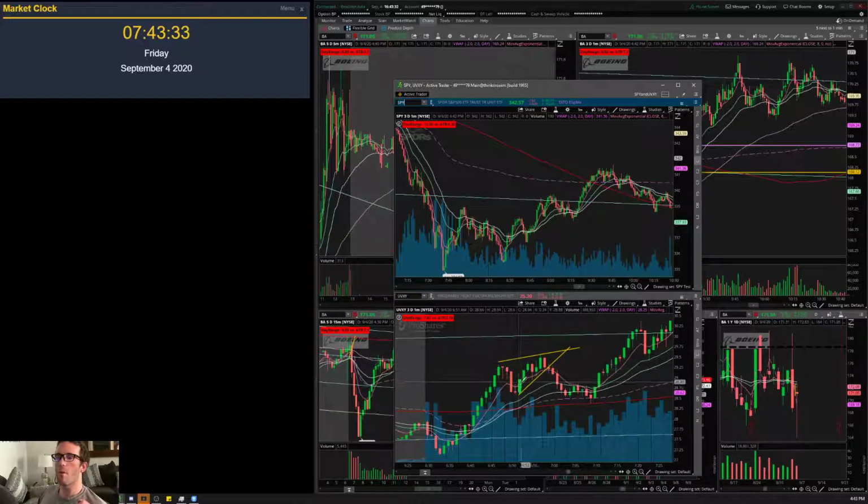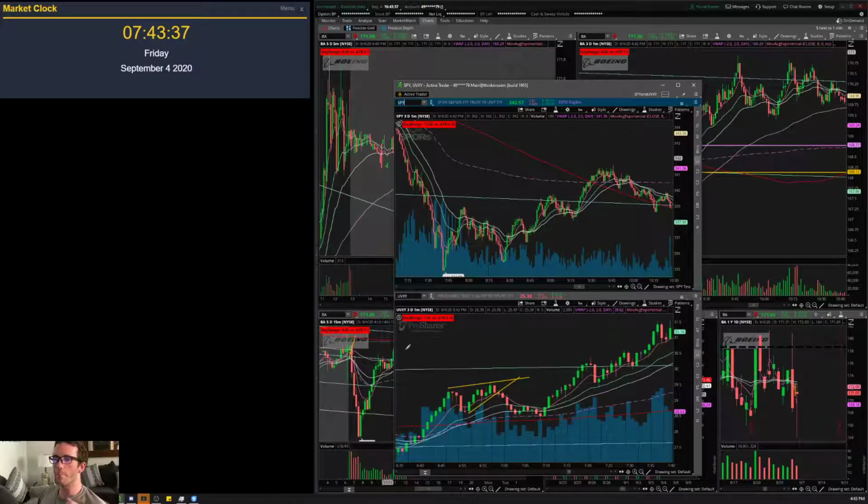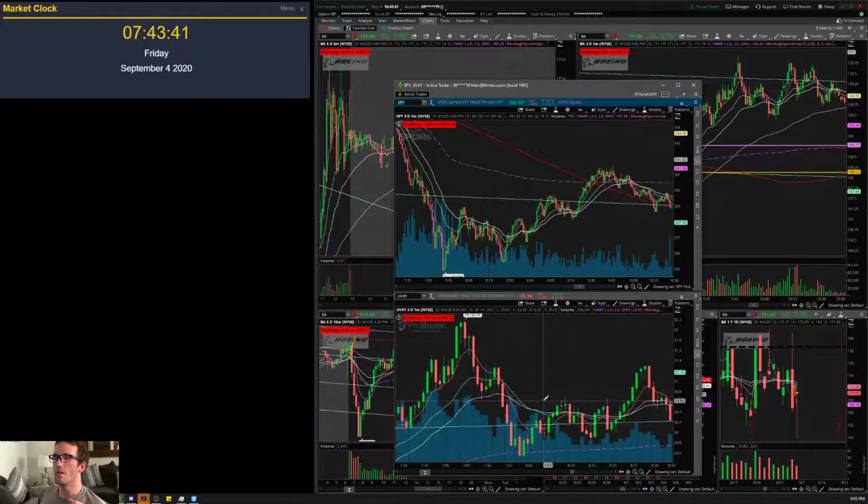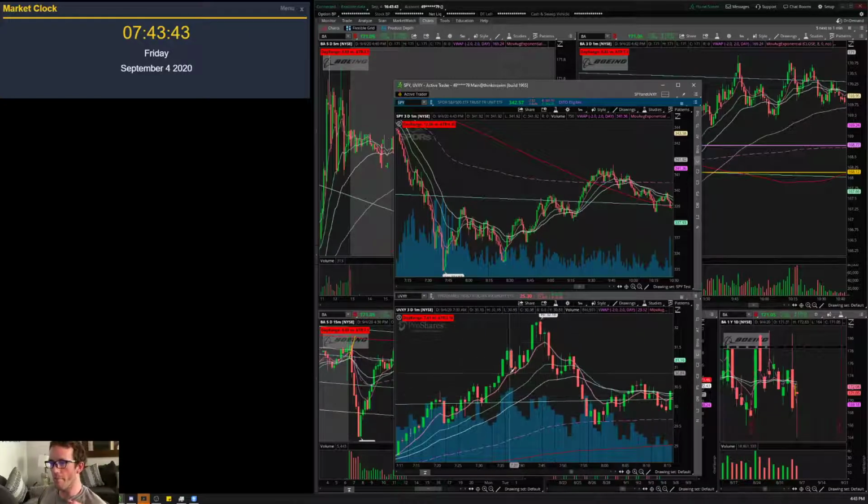All this pressure builds up, and then it breaks out. Usually something like this would break out more dramatically, but it is Friday. Here is a head and shoulders.